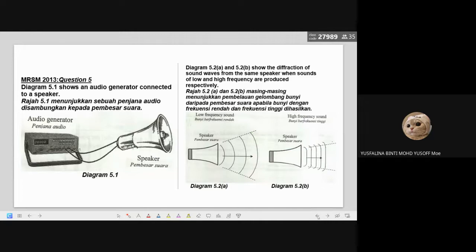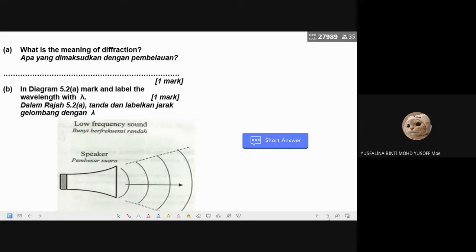Okay, so the next one says diagram 5.1 shows an audio generator connected to a speaker. Diagrams 5.2a and 5.2b show the diffraction of sound wave from the same speaker when sound of low and high frequency are produced respectively. So the question asks, what is the meaning of diffraction?